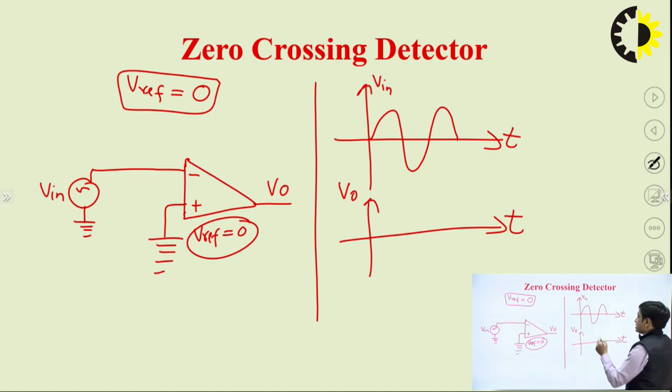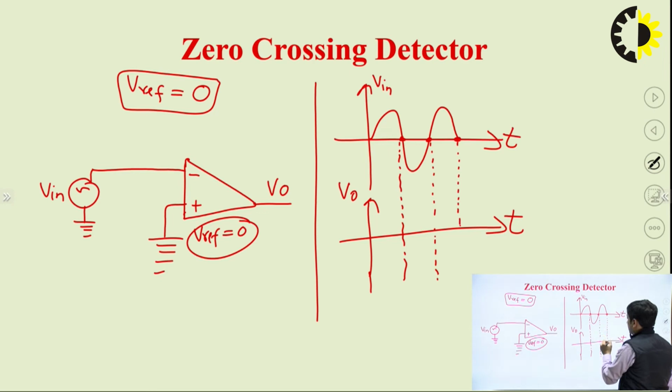Here you can see that the sine wave at a particular instant crosses the x-axis. From there I am drawing a vertical dotted line, just to plot the graph more clearly, fine. Now see, for the positive half of the input signal, you can see which input terminal voltage is greater.